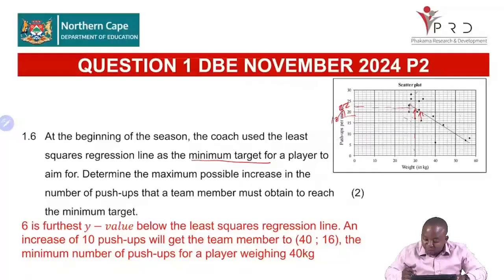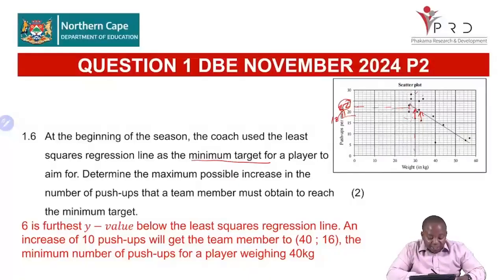So this was really the problem, because some have already passed the minimum. But those that are below, how many more push-ups must they make? Like for example, I made an example, the one weighing 30 doing 17. If you're weighing 30, you are making 17. The coach says to you, your minimum target, according to your weight, must be around 22. So you must move from that 17 to 22. So you must make how many more? 5 more push-ups per minute. So that's what we are saying here.